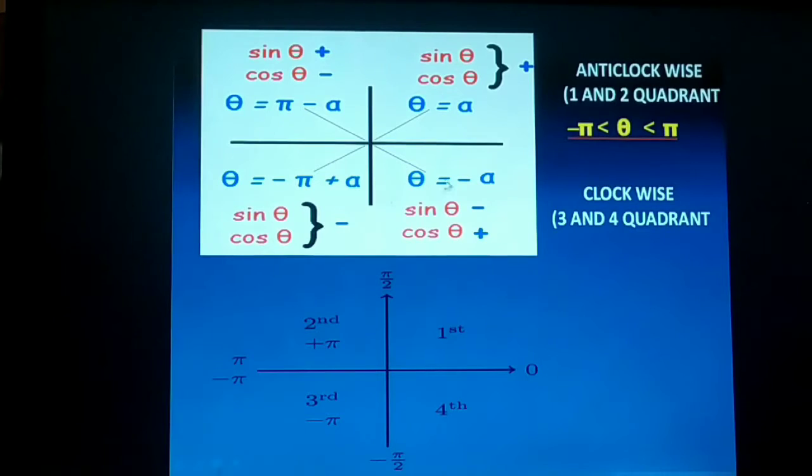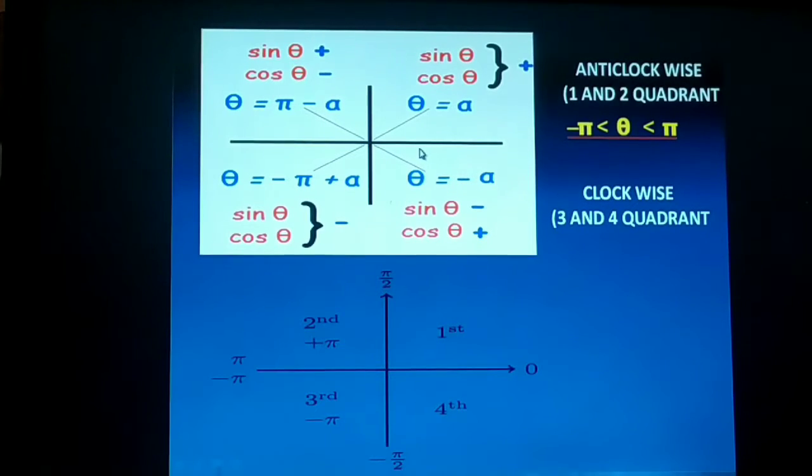Minus pi plus alpha has to be applied here. So when the point is in the third quadrant, the formula to find theta is minus pi plus alpha, and in the fourth quadrant the angle from the x-axis is minus alpha.